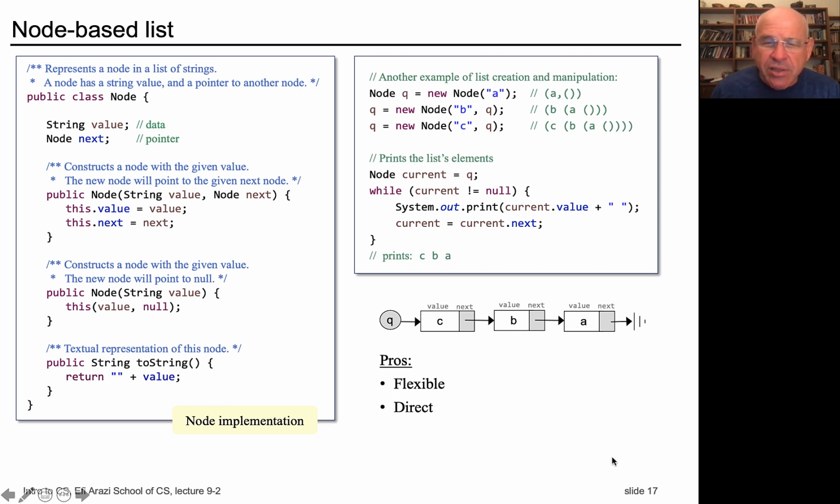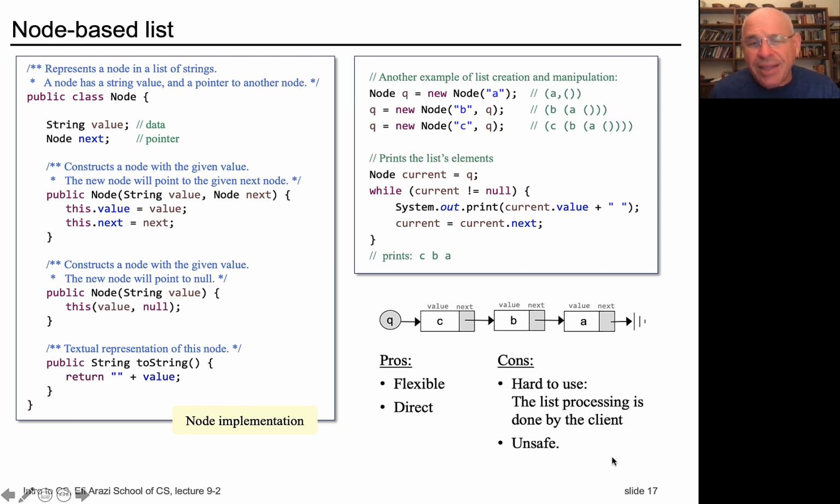But there are also some big-time disadvantages. It's actually hard to use because, whenever I want to go through the list and do something, I have to write code that does it. I'm the client. I'm the programmer who wants to use lists, and look how much work I have to do in order to move in the list and do something.